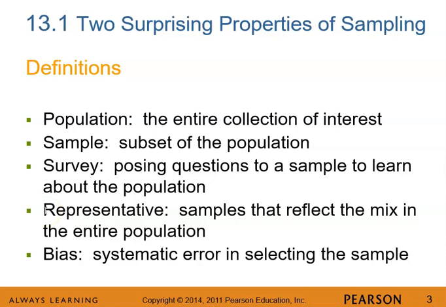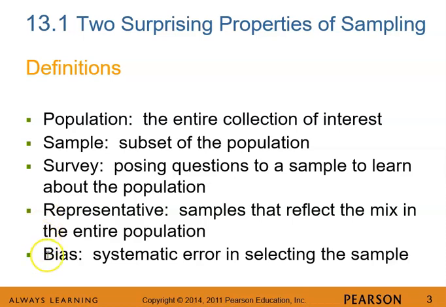What is representative? Samples that reflect the mix in the entire population are considered representative. It's important that a sample reflects the mix of the entire population, because we're using the sample to learn about the population, and if it has different characteristics, then it's not going to work for us.